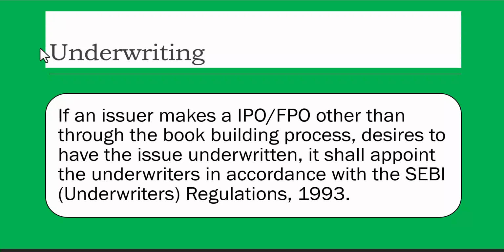So the issue will not fall; it will be subscribed by the underwriters. When the public knows the shares are underwritten, they think that if merchant bankers have already given their mandate, they'll apply. If no underwriters come, then the public is not going to give money to the company. Okay, read.